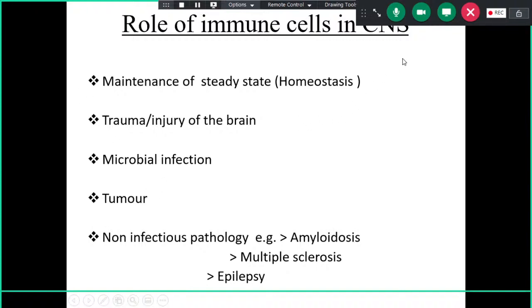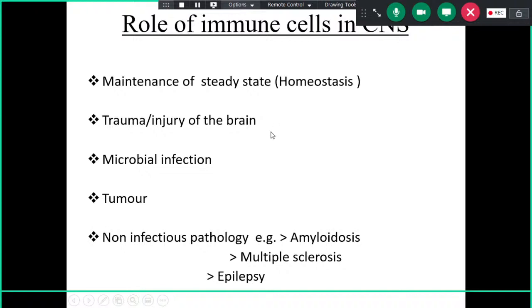What is the role of the immune cells in the CNS? I already told you that there are different kinds of microglial cells, type 1, M1 or M2. These microglial cells are actually like spiders. They will spread their tentacles over the surface of the brain and look for any kind of changes, be it a microbial infection, a tumor, or an injury to the brain.